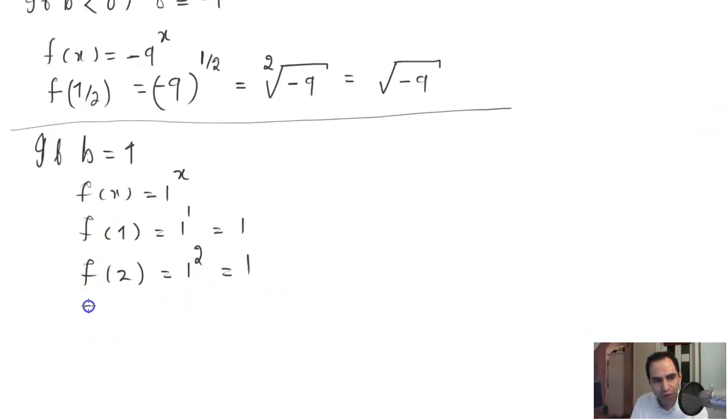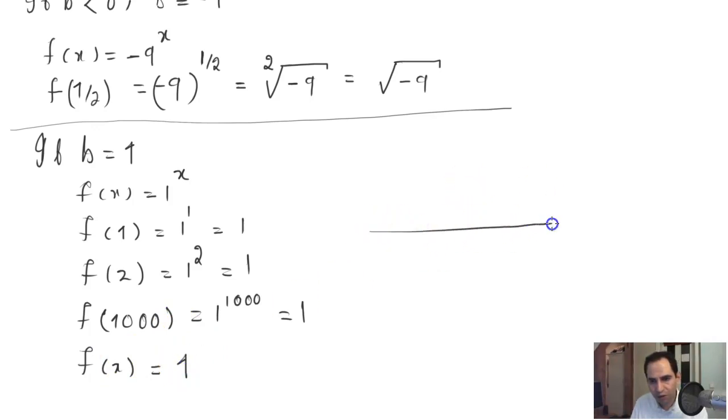And f of 1000 becomes 1 raised to the power 1000, which is equal to 1. So practically f of x is equal to 1, which is just a horizontal straight line, a constant function, a horizontal line that will never change.